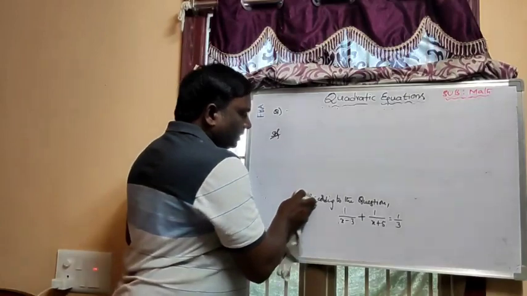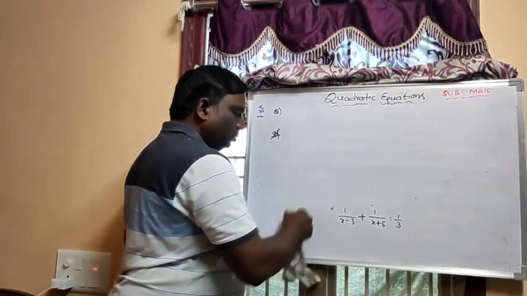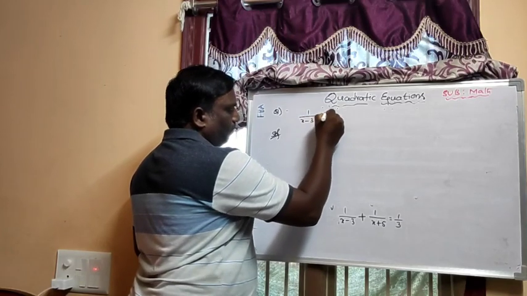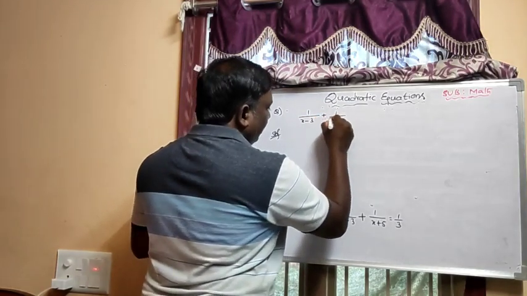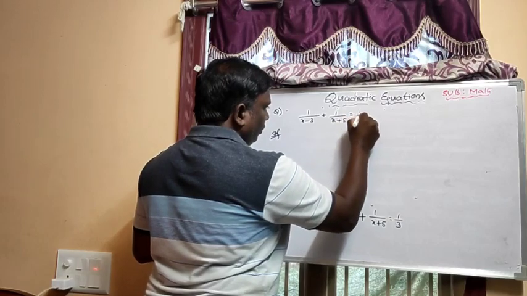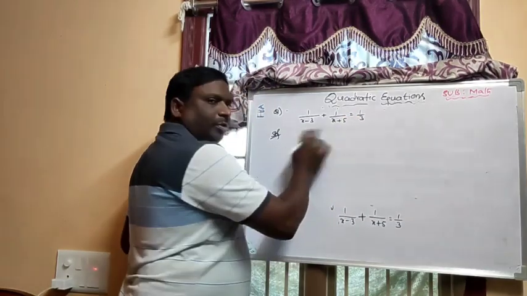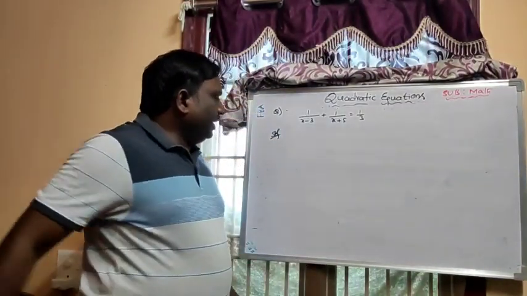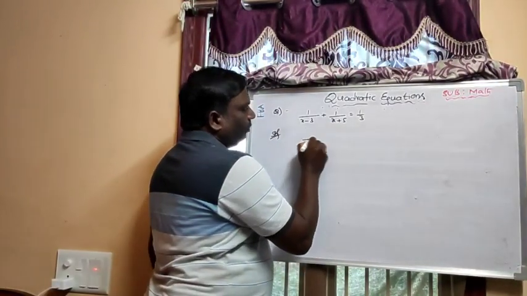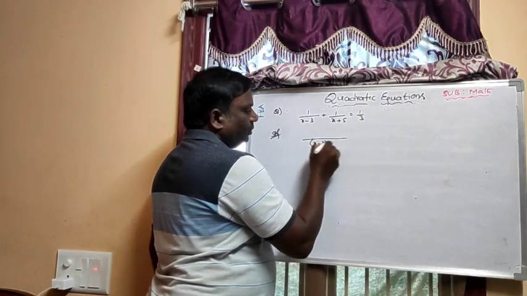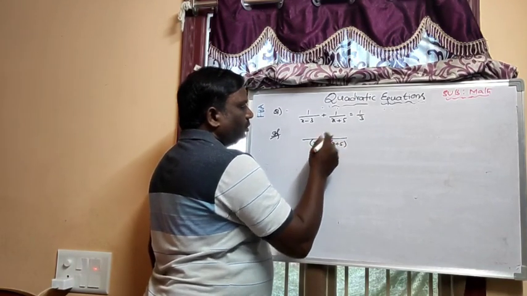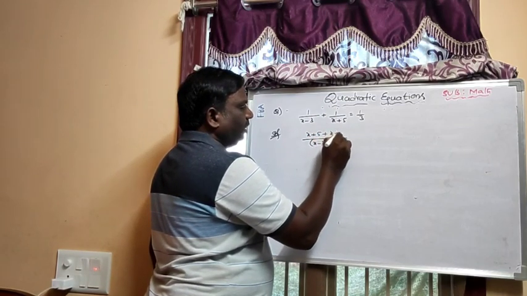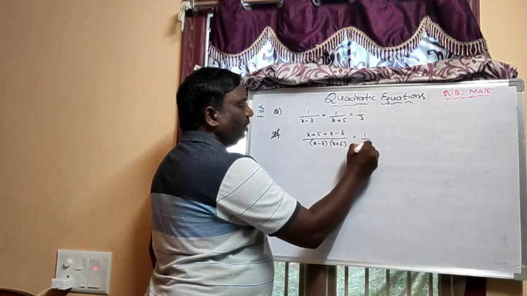So the equation is 1 by x minus 3 plus 1 by x plus 5 equal to 1 by 3. Take the LCM of both denominators, that is x minus 3 into x plus 5. Cross multiply: x plus 5 plus x minus 3 on one side.